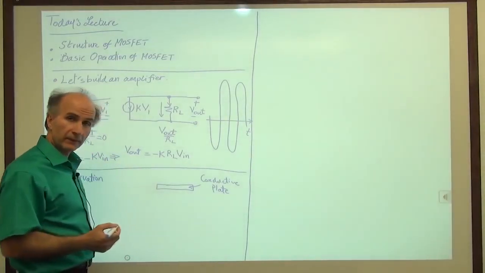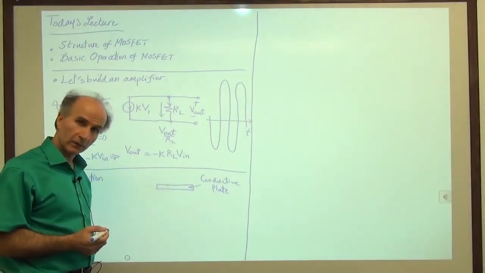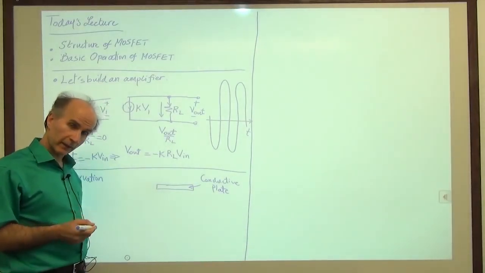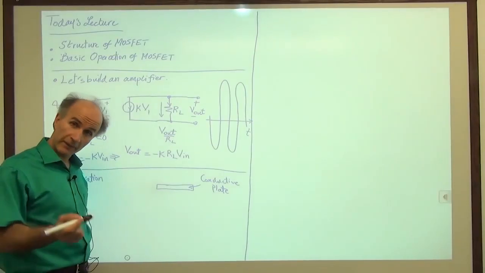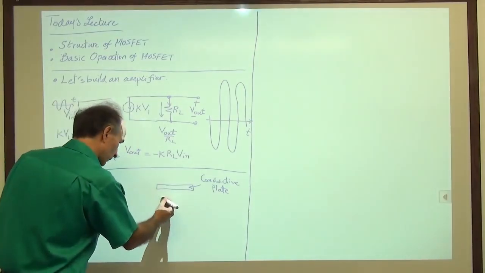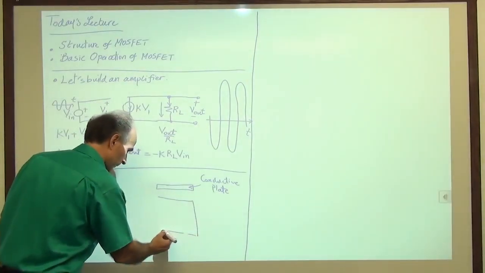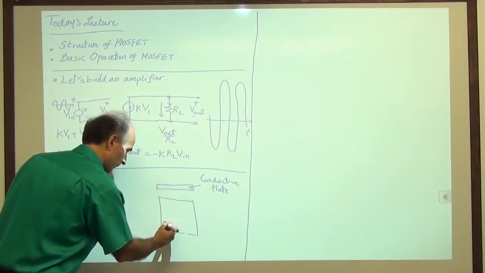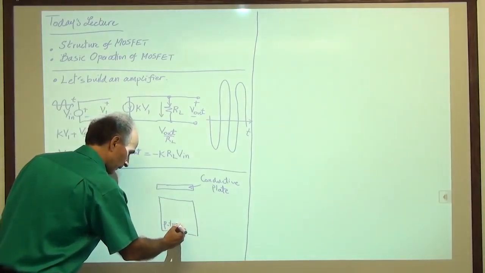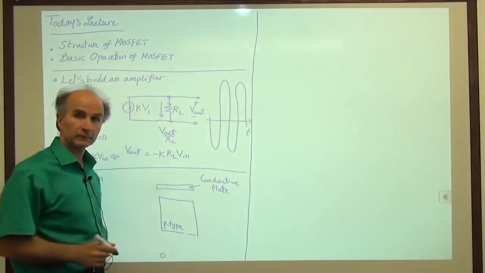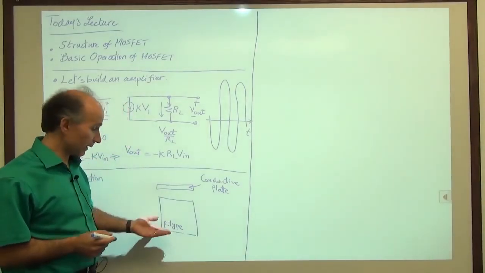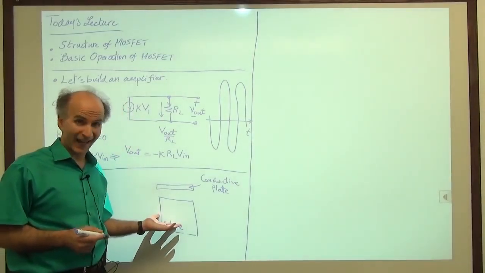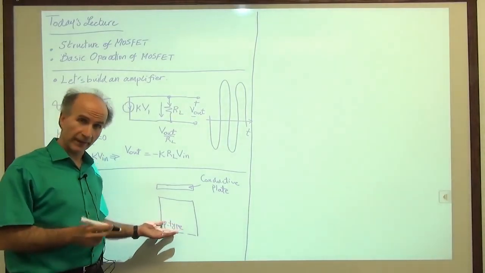Now for the other plate, I will not use metal. I will use a piece of semiconductor, maybe p-type semiconductor. And I'll make it a little thicker, just for illustration purposes. So this is a p-type piece of semiconductor. I'm allowed to do that, right? This has some conductivity. It's not that great, but it's not that bad.